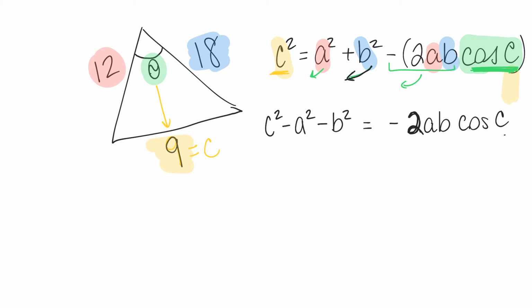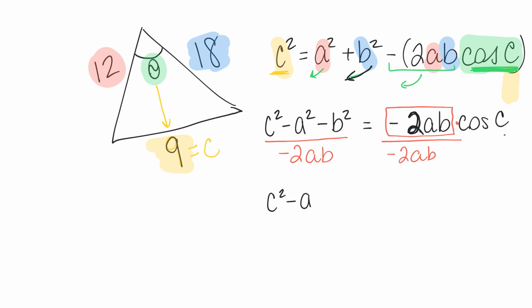Now what we need to do is move this 2ab, and it's multiplying with the cosine of c. So the opposite of multiplying is dividing. So I'm going to divide both sides by negative 2ab. That leaves me with c squared minus a squared minus b squared divided by negative 2ab.